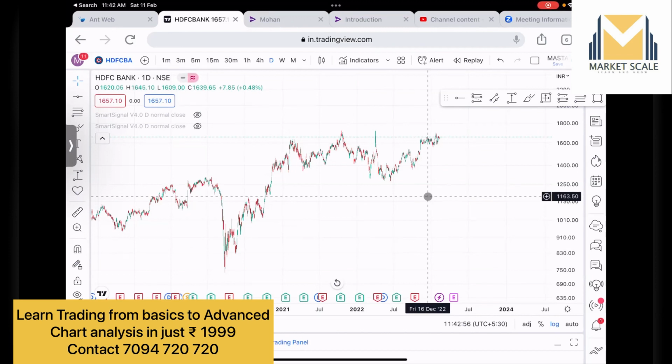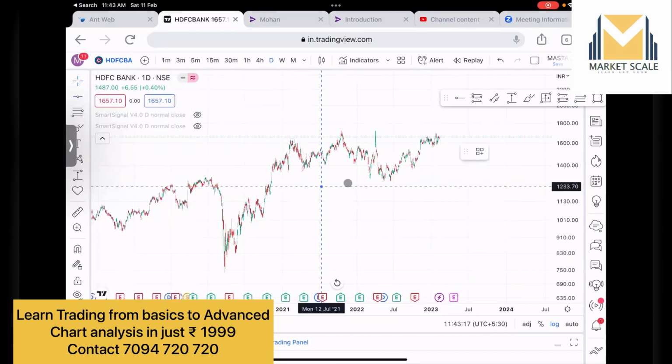If the price is below the line, which is called resistance. Sorry, if the price is above the line, it is support. Support, right? Or if the price is below the line, it is resistance. But what we have to know is we have to identify the zones and lines first, right?